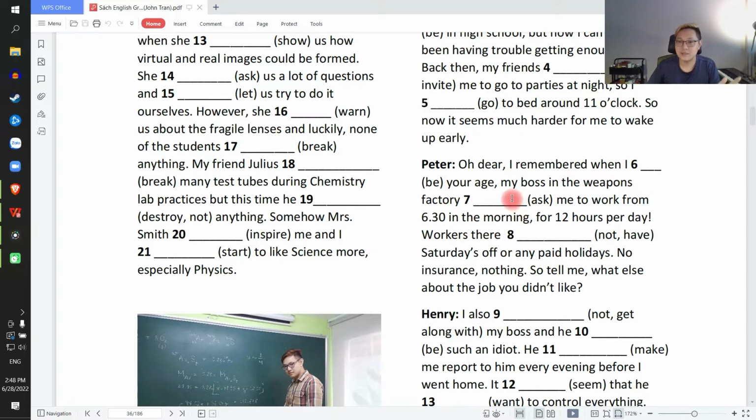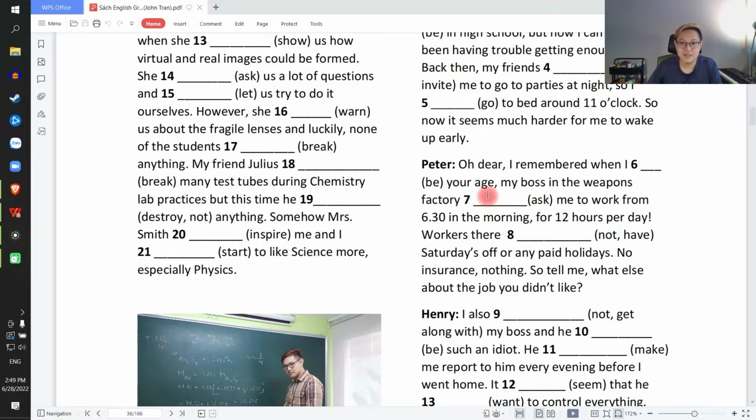So number 7, it can simply be asking. It can simply be a simple completed action, to ask. So simple past, asked. However, you can think of it like it's a past habit that he asks Peter every day. It's like a habit, I think. So number 7 can be asked or used to ask.